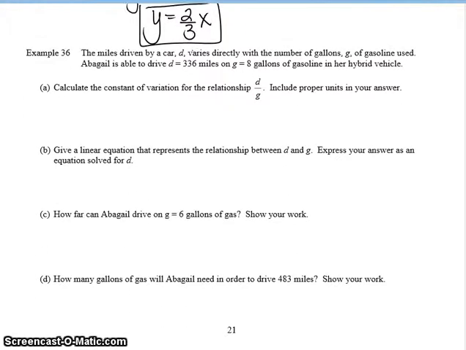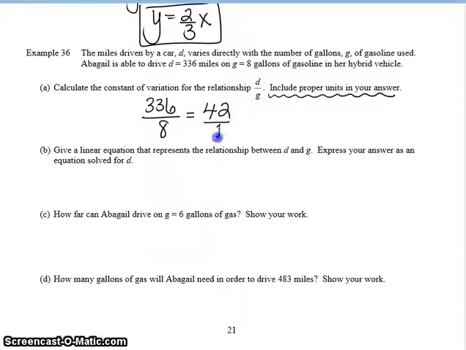Example 36. The miles driven by a car D varies directly with the number of gallons G of gasoline used. Abigail is able to drive D equals 336 miles on 8 gallons. Calculate the constant of variation for the relationship D over G. Well, 336 is my D, 8 is my G. I divide that and I get 42, and it says to make sure you include proper units in your answer.